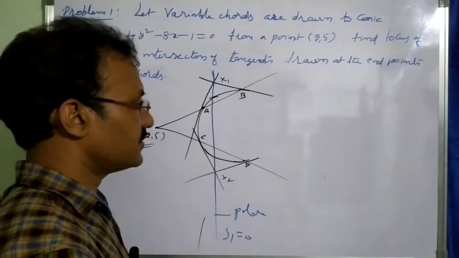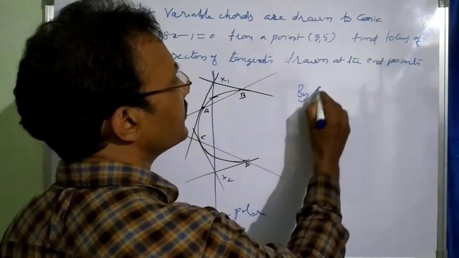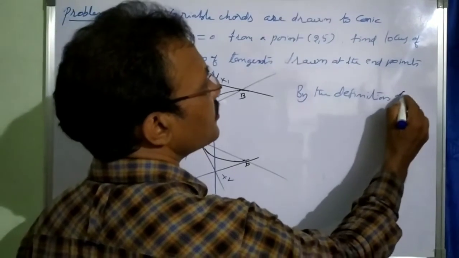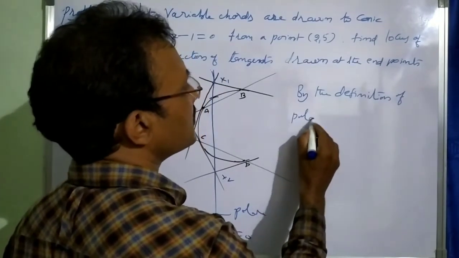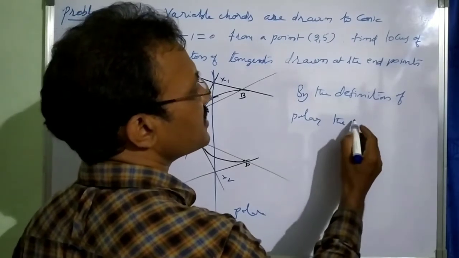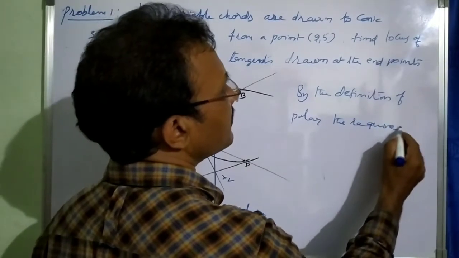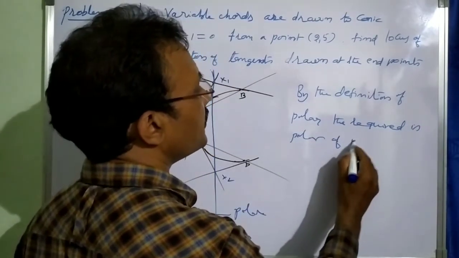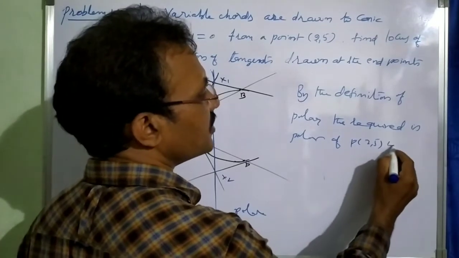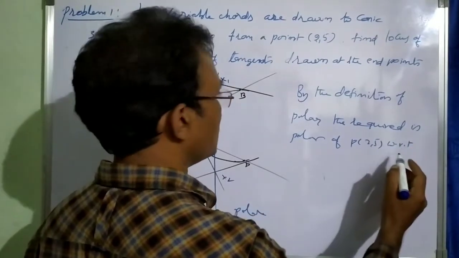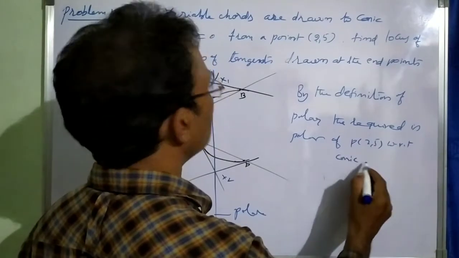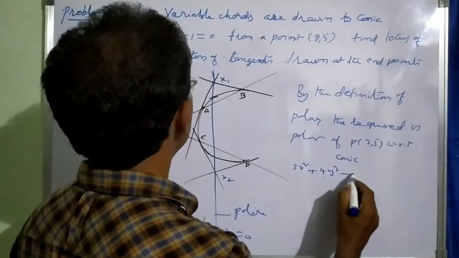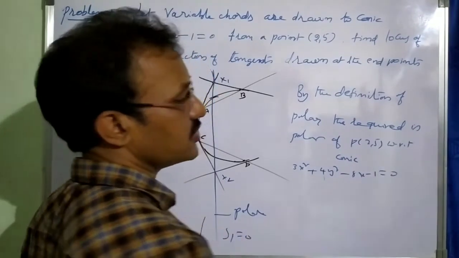By the definition of polar, the required line is the polar of P(2, 5) with respect to the conic 3x² + 4y² - 8x - 1 = 0.